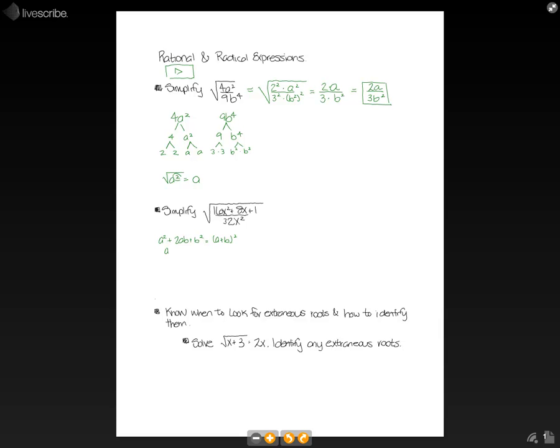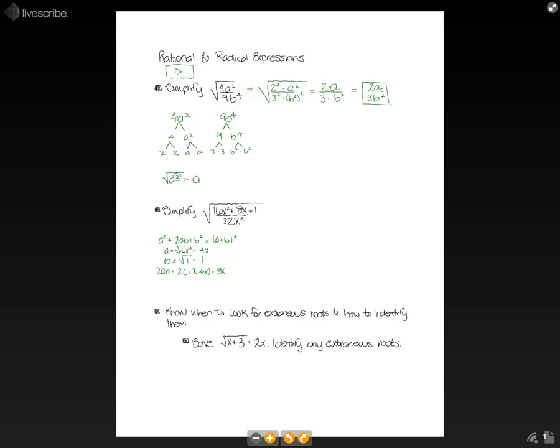For us, a would be the square root of 16x squared, which is 4x. b is going to equal the square root of 1, which is just 1. And 2ab is going to be 2 times 1 times 4x, which is 8x. So if you stick that into the formula, you see we do get 16x squared plus 8x, which is 2ab, plus 1.